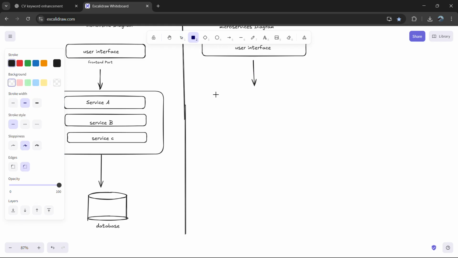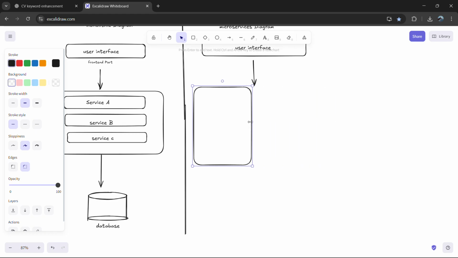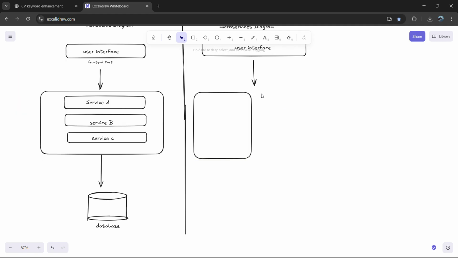But we will break down our project into small parts.